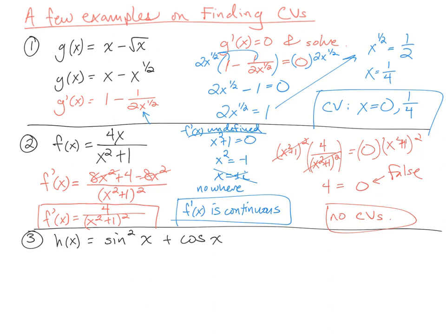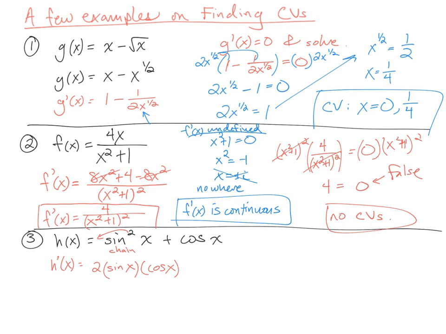For the third example, just to bring some trig back into it, here we go. We can take the derivative of this. This is h prime of x equals, chain rule here. This would be 2 sine of x, that's the outside function, times the derivative of the inside function. And that's it for the first term.